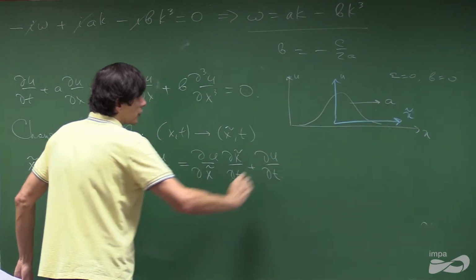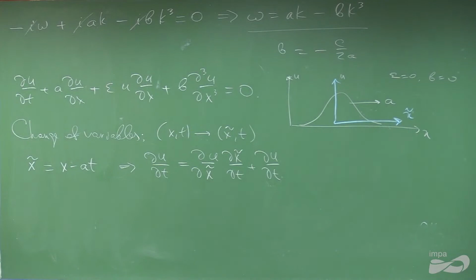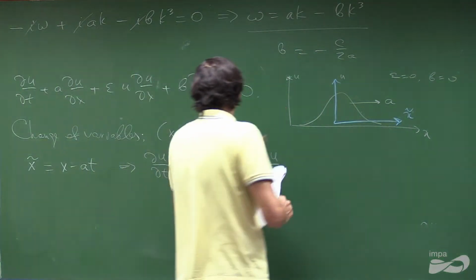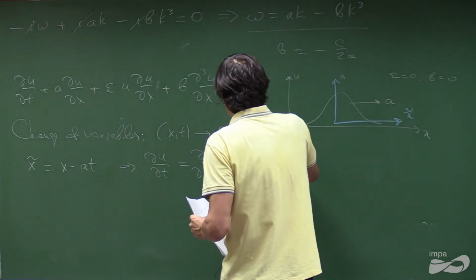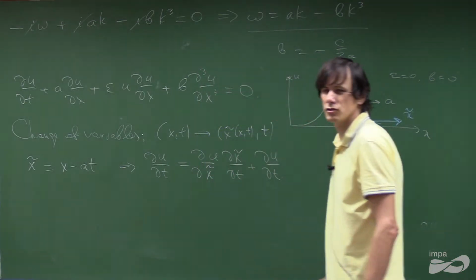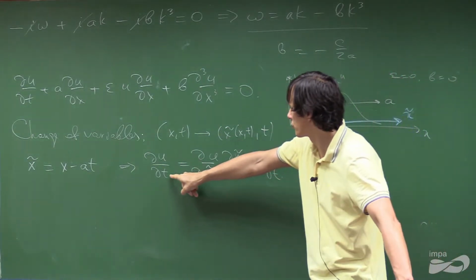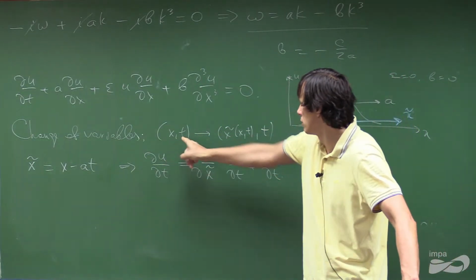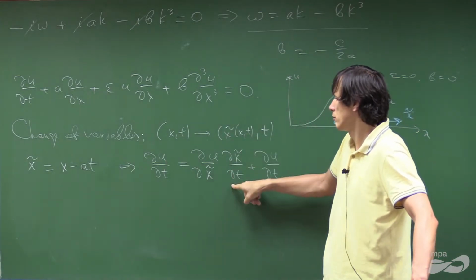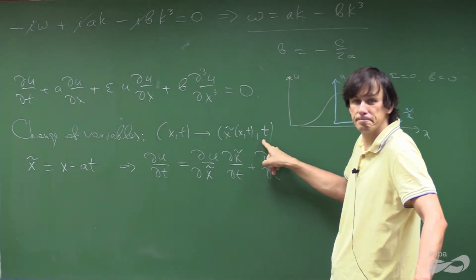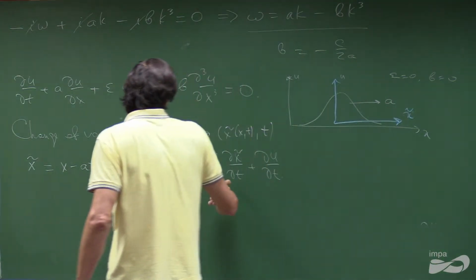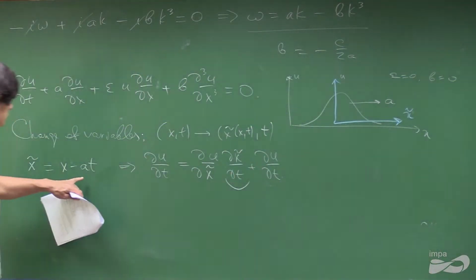When you change variables, you have to use the chain rule. The derivative with respect to the original time is the same as the derivative with x tilde, dx tilde/dt times du/dx tilde, plus du/dt. And this is minus a.